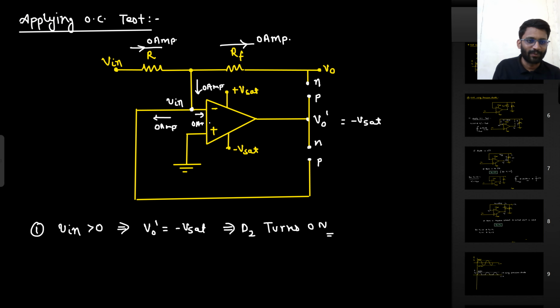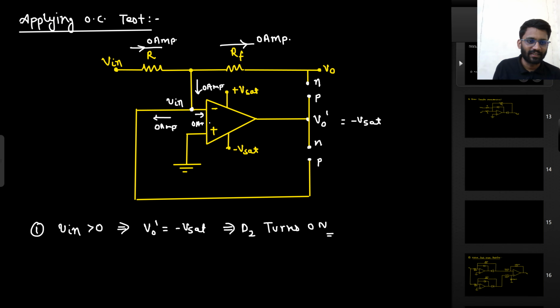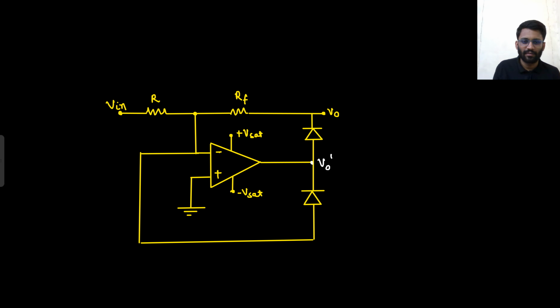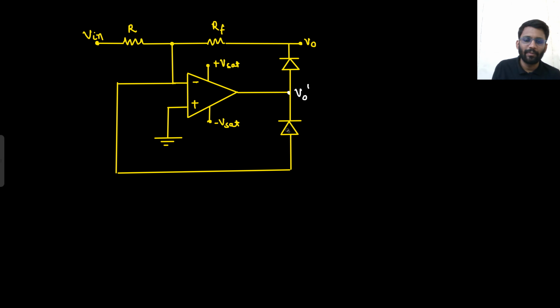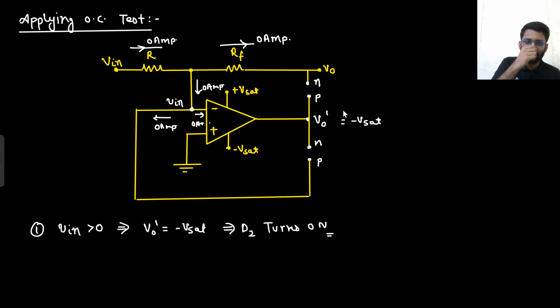I have to add a lot of pages because there will be circuitry again and again. If D2 turns on, it will be replaced with a battery of 0.7.